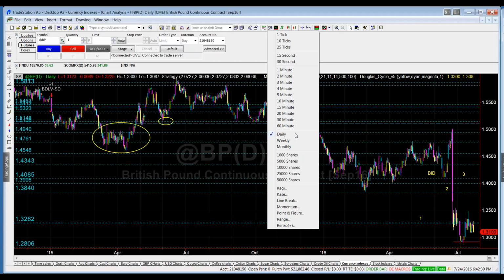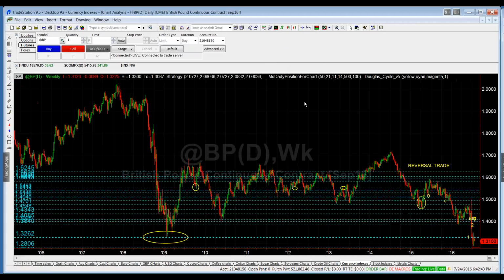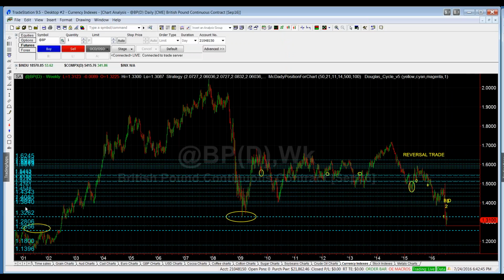And as you can see on a weekly basis, it has all the way down to 125.56. This is the next structure point. This was the breakout point at the end of 2002 when the bull move began.